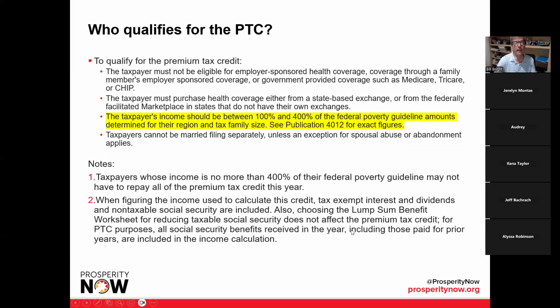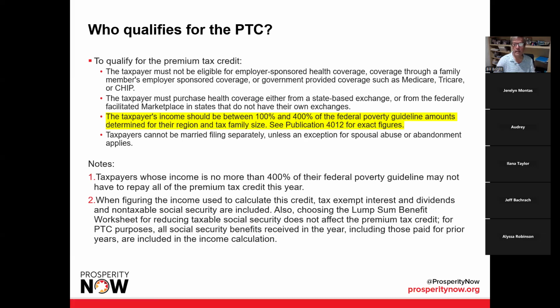Again, to qualify for the premium tax credit, they must not be eligible for employer-sponsored health coverage, which, if they were, hopefully they took it, because generally it's always going to be cheaper than buying something through the exchange. Nor coverage through family members, or government-provided coverage such as Medicare, TRICARE, or CHIP.